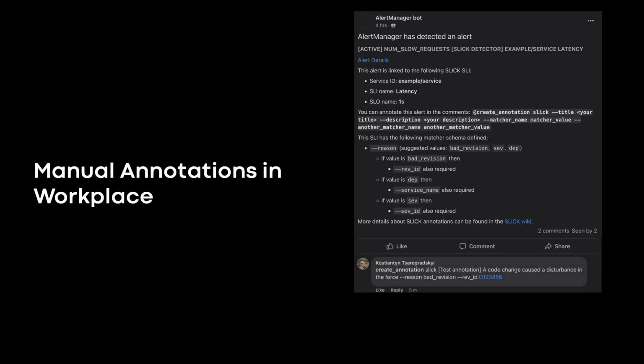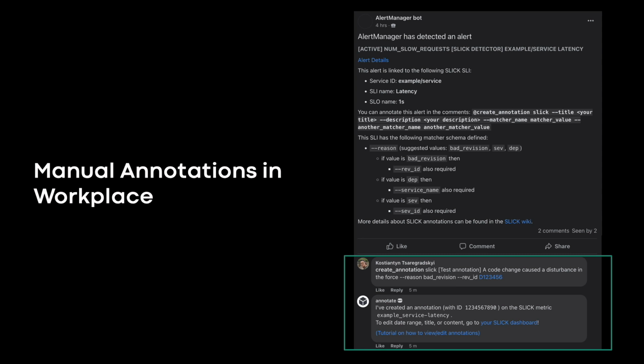So now it's possible to add root cause and any other additional matcher to the annotation, and this annotation will be created. For many people, this is a preferred way of interacting with alerts that led to SLO violations.